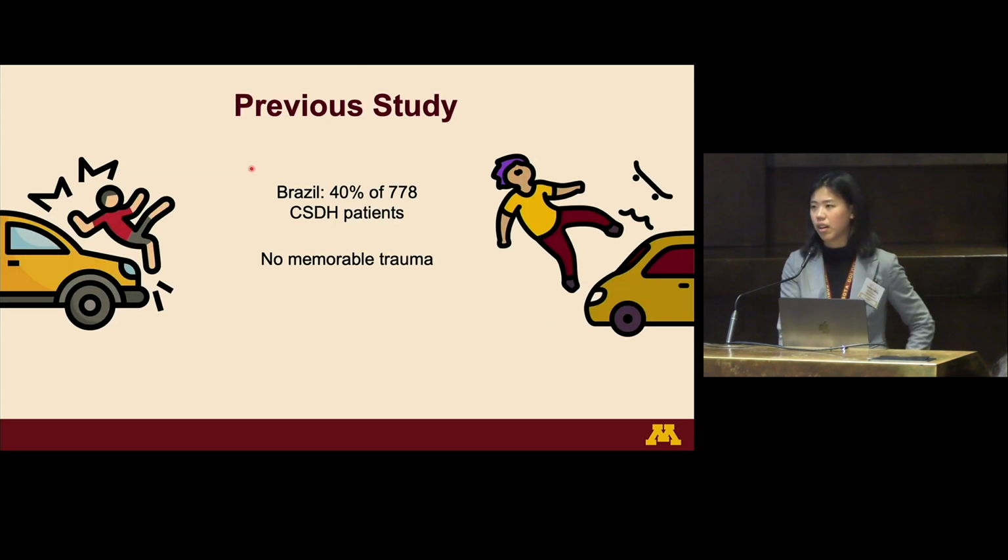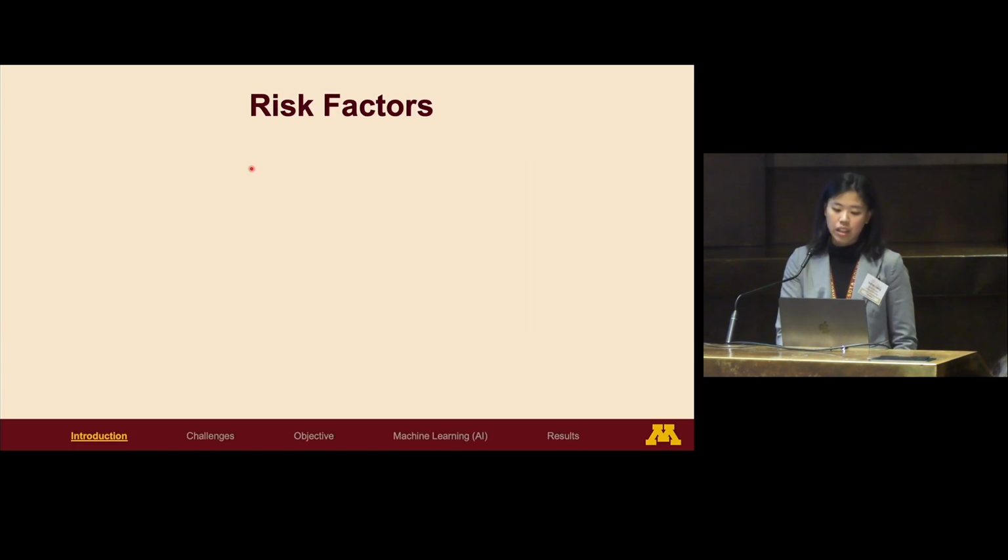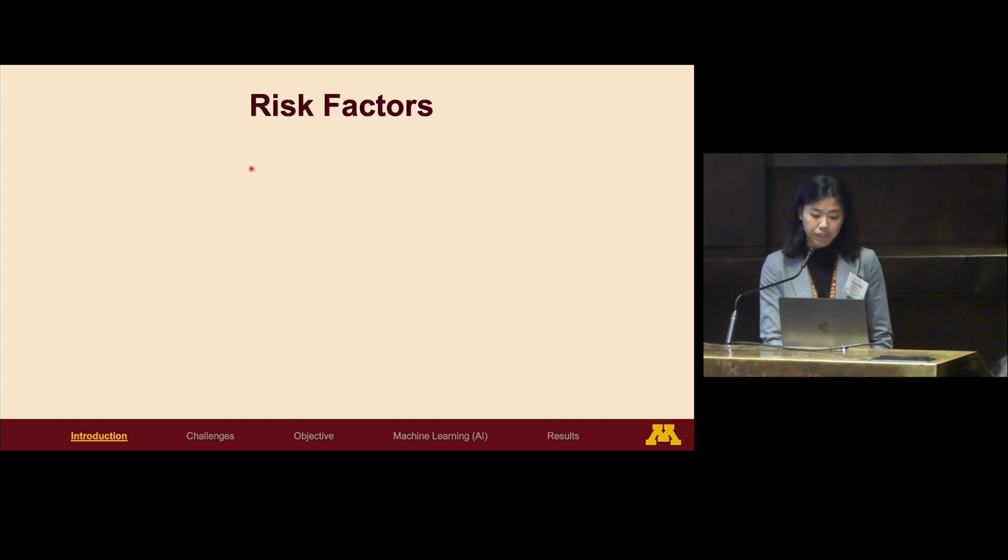In a recent study of 778 patients with chronic subdural hematoma in Brazil, as many as 40% of them denied a history of trauma, indicating that chronic subdural hematoma may also arise in conjunction with age-related neurodegeneration. It is evident in the literature that chronic subdural hematoma risk is significantly modified by several risk factors.